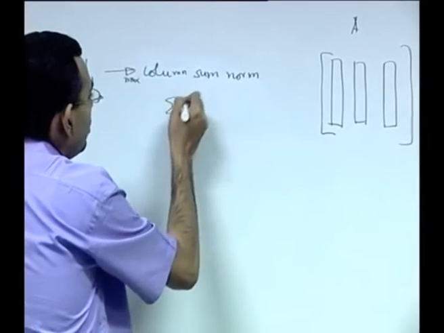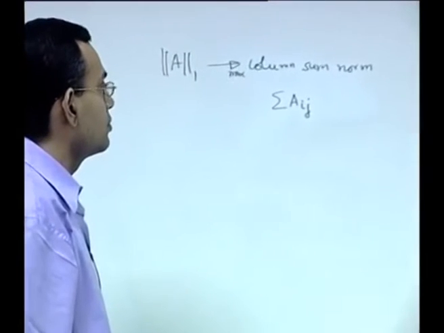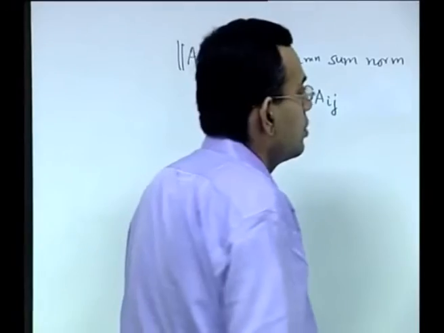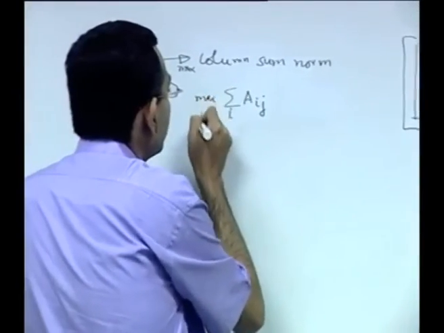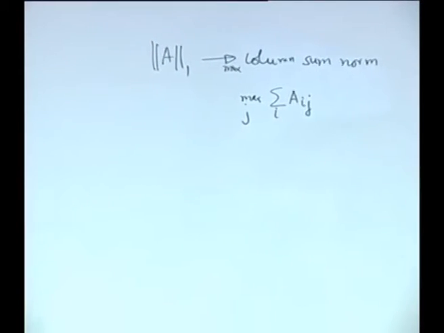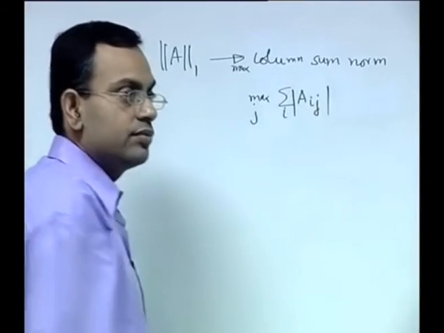So, summation of |Aij| over i, you have to find the maximum over j, of course with a mod.